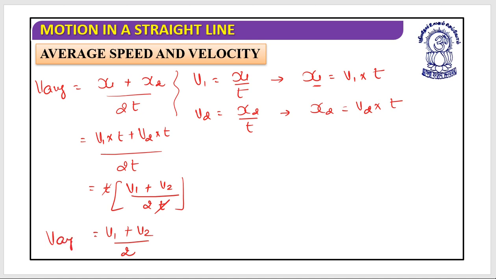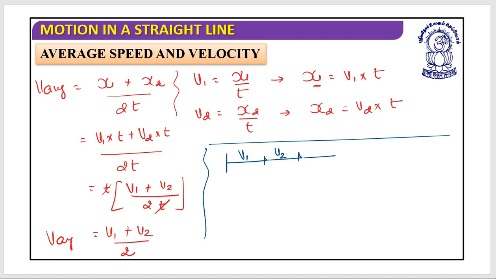Yes, if I write a generalized term, let's say this is speed v1, this is speed v2, this is speed v3, and this is speed vn. These distances are covered in the same time interval.